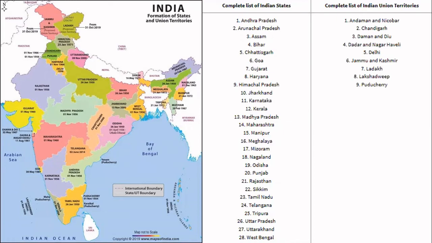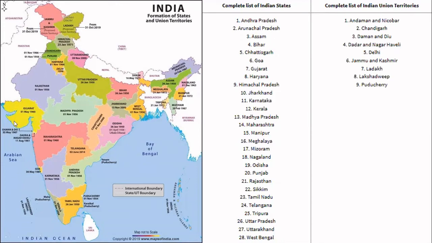This sums up all the 28 states. And we have 9 union territories: Andaman and Nicobar, Chandigarh, Daman and Diu, Dadar and Nagar Haveli, Delhi, Jammu and Kashmir, Ladakh, Lakshadweep, and Puducherry.